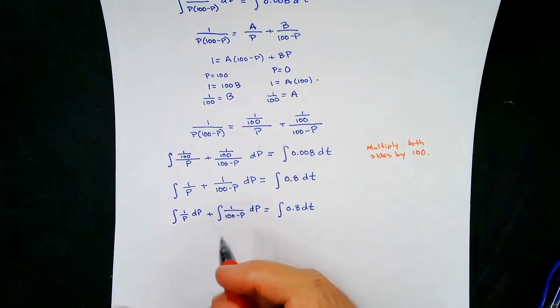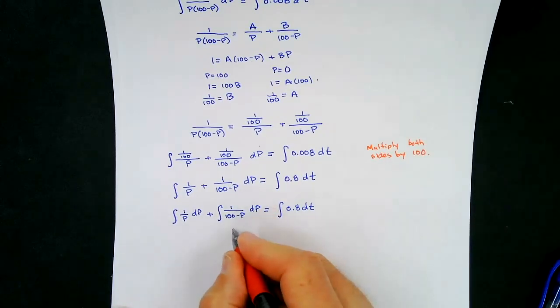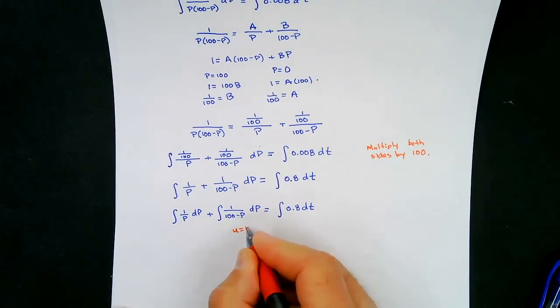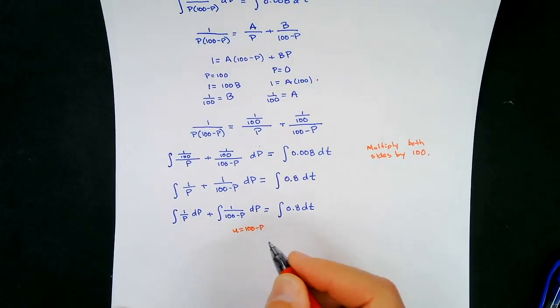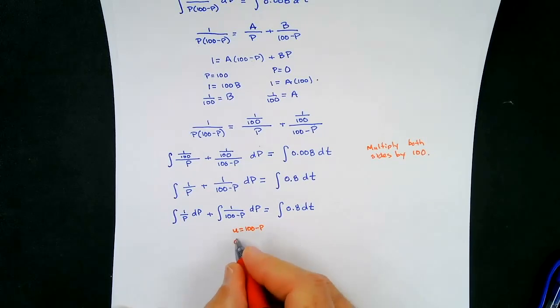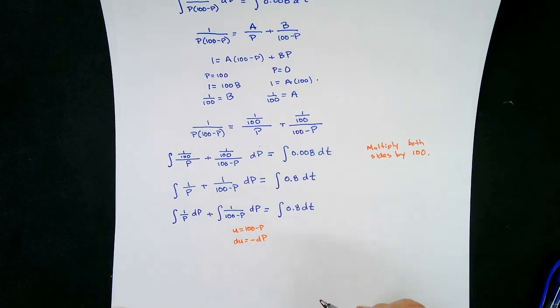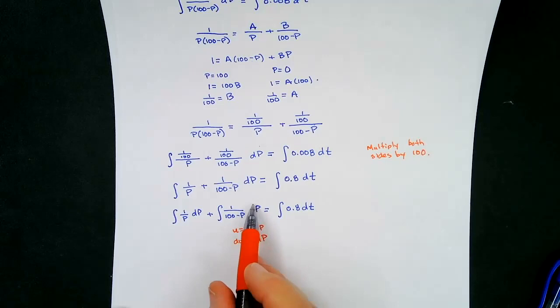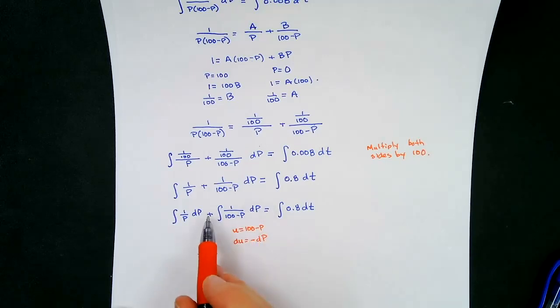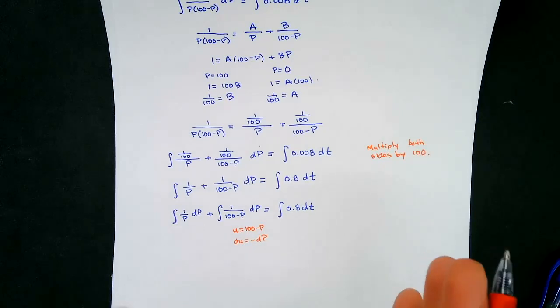So I'm going to let u equal 100 minus p. And then du would simply be negative dp. Okay, so I'm going to put a negative on the outside here and on the inside. So I'm going to have a negative dp and a negative on the outside, so in essence, I multiply by -1 times -1.